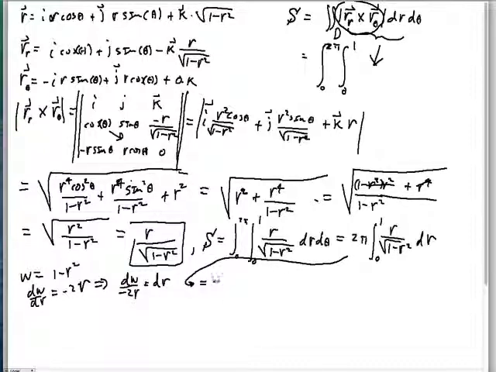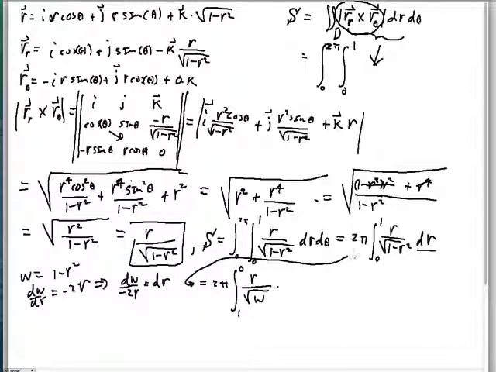So we can put that all together here. That's going to be equal to 2 pi. And now we take the integral, but because we've done a change of variables, if we put a 0 in there, we get a 1, and if we put a 1 in there, we get a 0. Okay. And then we have an r square root of w.